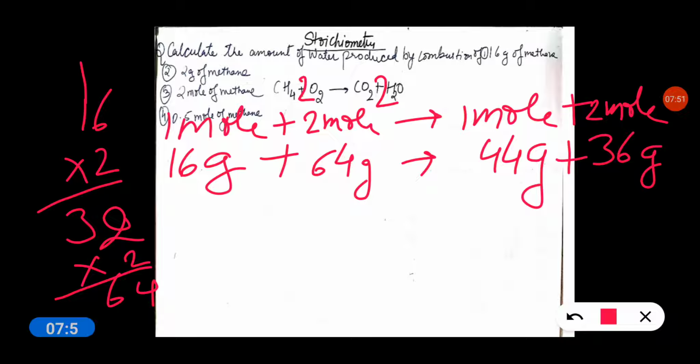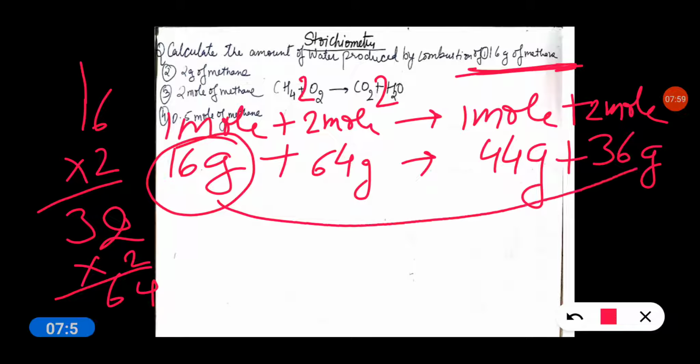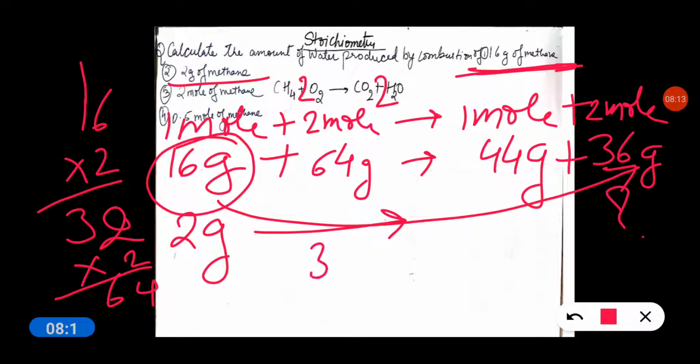Now what are they asking? They are asking when 16 gram of methane burns, what will be the amount of water? It's 36 gram. Second part, 2 gram of methane. When 2 gram of methane burns, how much water? 36 upon 16 multiplied by 2.